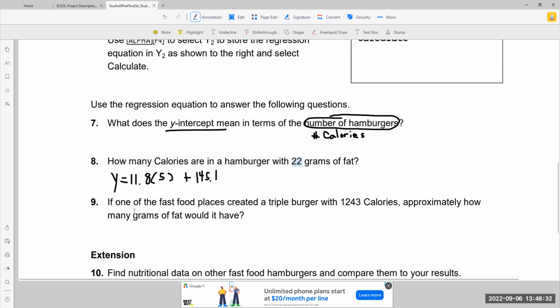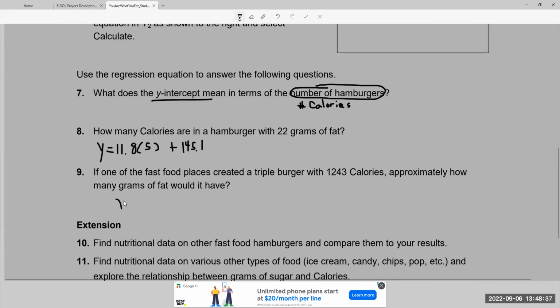The reason I wanted to do that is because I wanted to remind you that we do have this equation that we're working with, y equals 11.8x plus b, and that you can use this to answer the next question, which is if you've got 1243 calories, how many grams of fat are there?